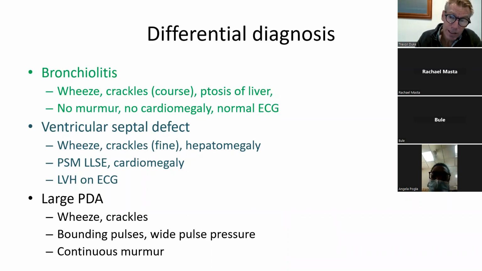Those are the clinical bedside features of a PDA, and that can sometimes enable you to distinguish between a PDA and a ventricular septal defect. And of course, they'll have a continuous murmur as well. So these three conditions, bronchiolitis, ventricular septal defect and PDA, are quite common, but you can make a distinction at the bedside in terms of the likely diagnosis based on the clinical features, the chest X-ray and an ECG.